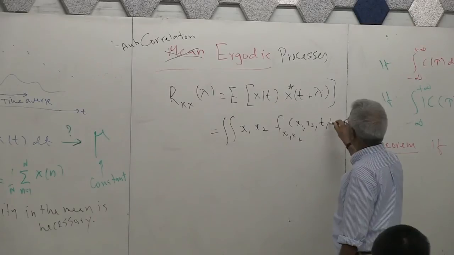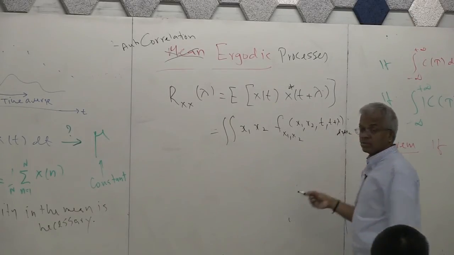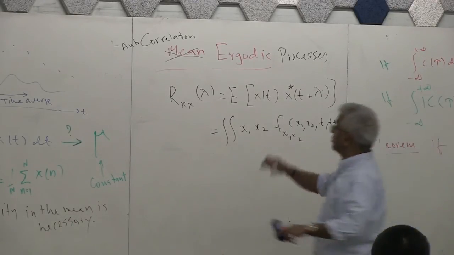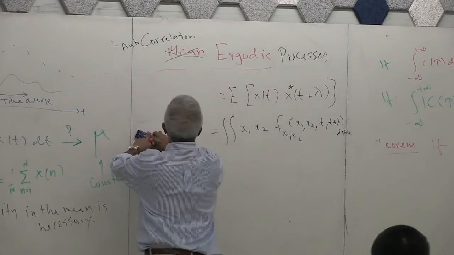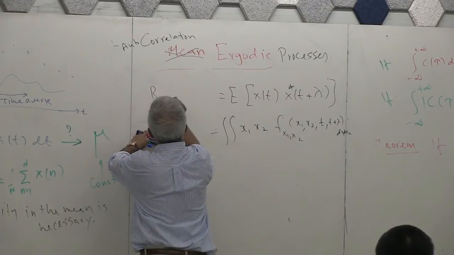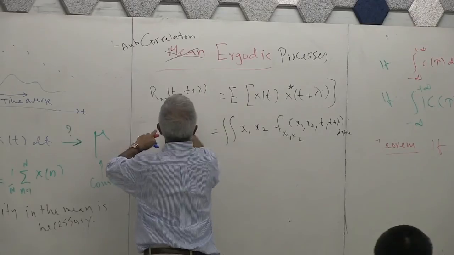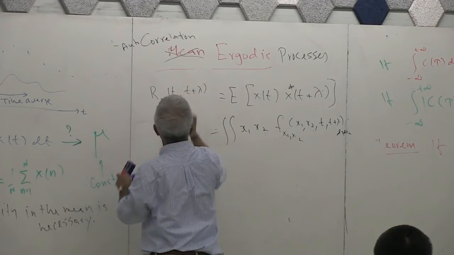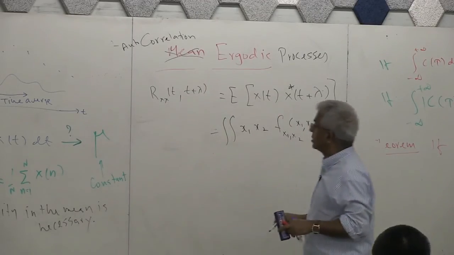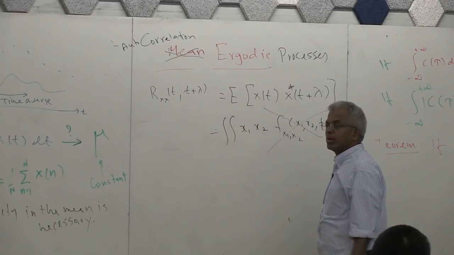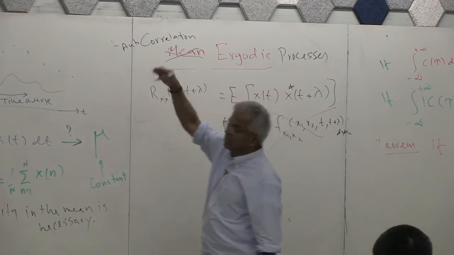So in general, the left side may not even be this way. It may be R of t comma t plus lambda. And generally you don't have this function. That's the problem. You don't have all these realizations.